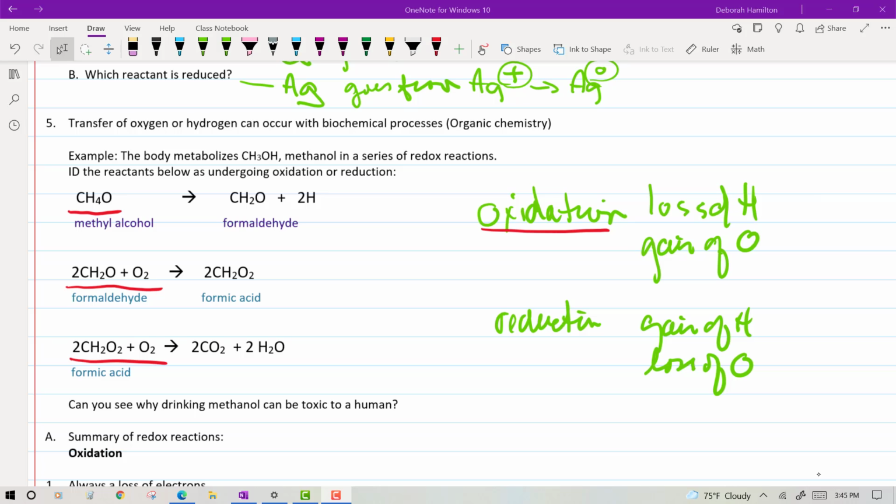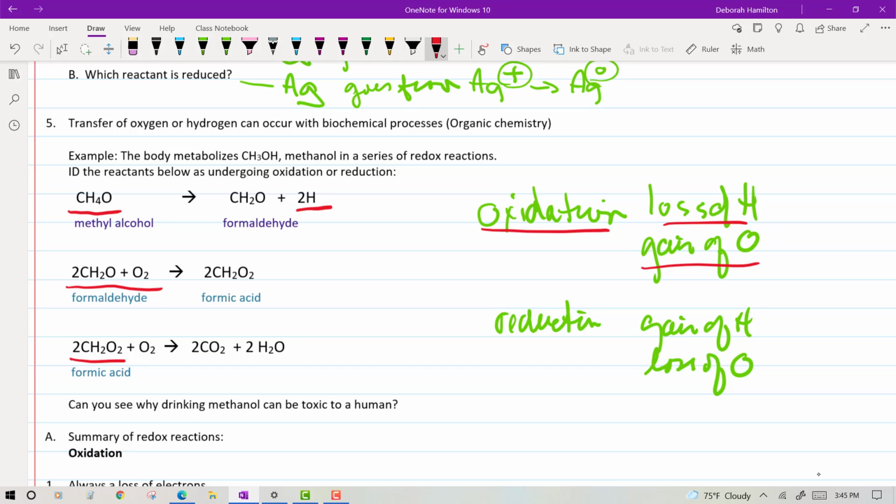Interestingly enough, all three of these reactants are undergoing oxidation. Methyl alcohol is losing hydrogen, so that's an oxidation process. The formaldehyde gained oxygen, which again is the definition of oxidation. The formic acid loses hydrogen.